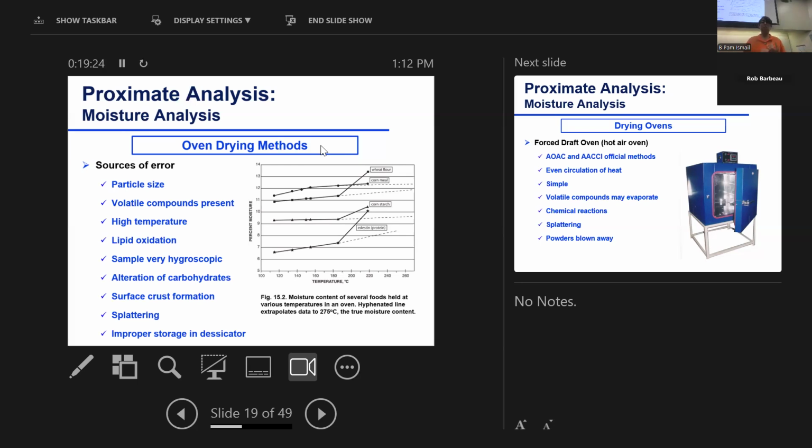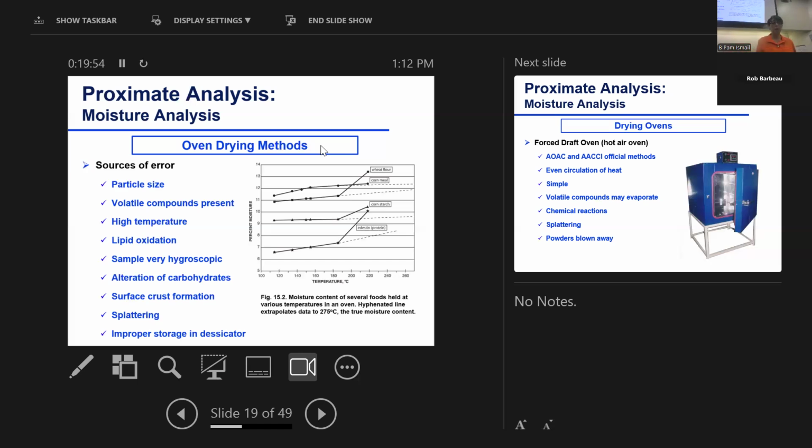Volatile compounds will cause sources of error no matter what you do, whether it's a vacuum or forced draft oven; you're going to lose these volatiles. You want to make sure your temperature time combination is not too high. In this figure, you can see that at higher temperature, you lose more water than actually present in the sample, and that's due to loss of chemically bound water.